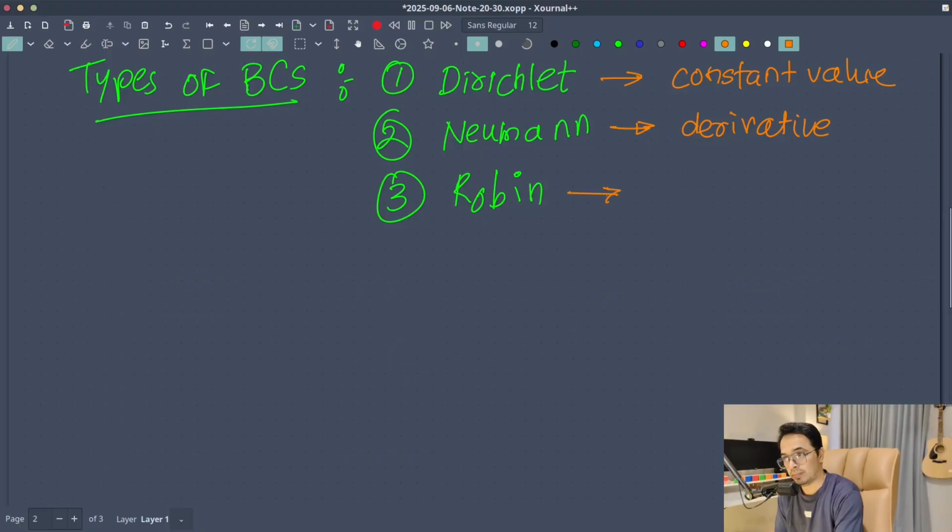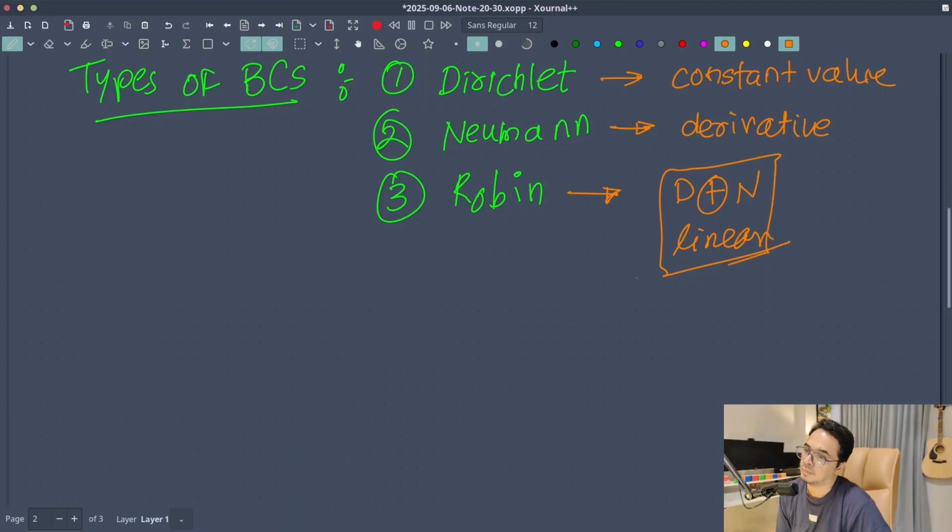And Robin is when we decide to use both Dirichlet and Neumann, not necessarily in this fashion, but a linear combination of them. So let me make it more specific and write both Dirichlet and Neumann, a sort of their combination.